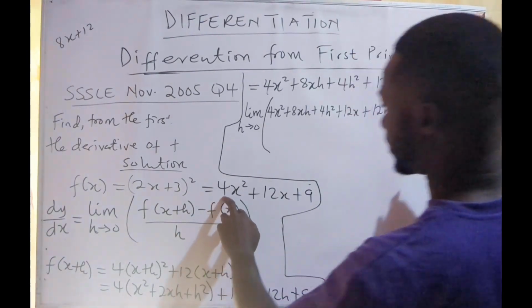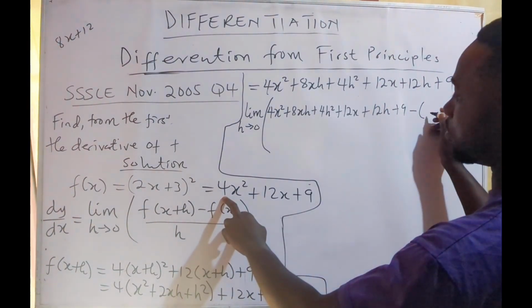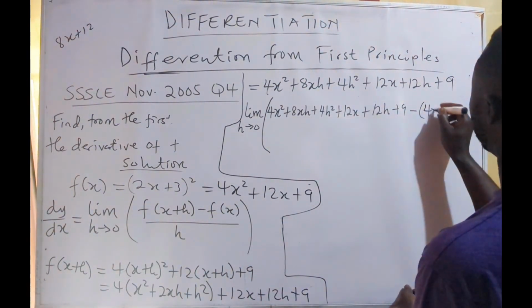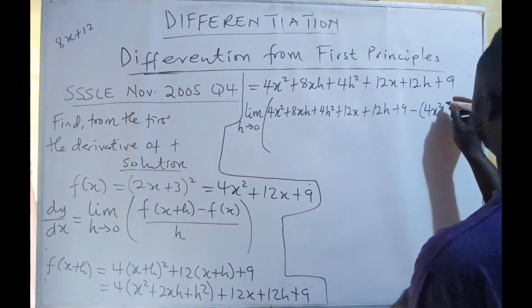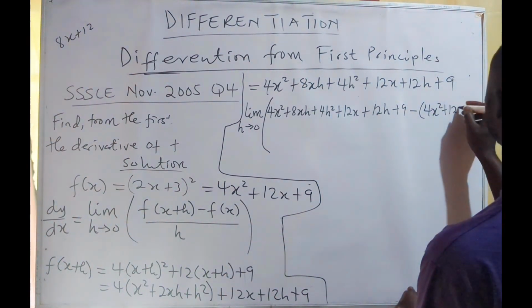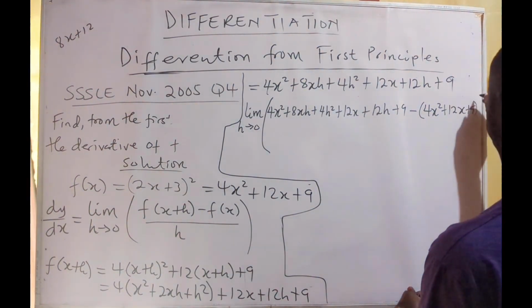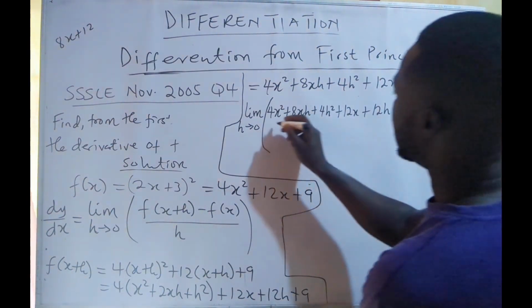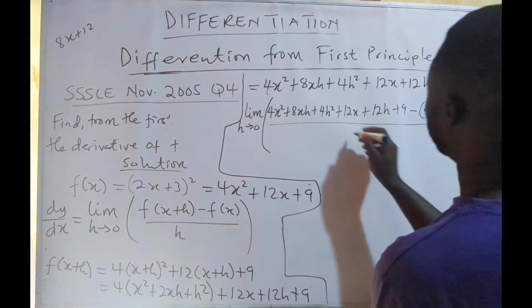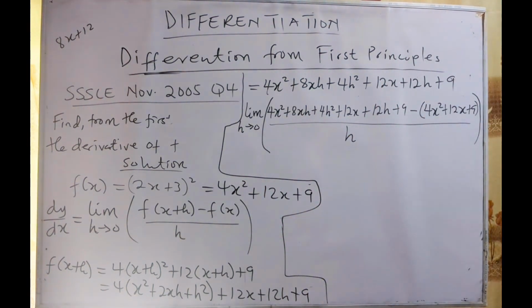What is f of s? That is, so make sure you put it in the bracket, 4s squared plus 12s plus 9. Then you close your bracket, all divided by h. So this is what you are going to have.